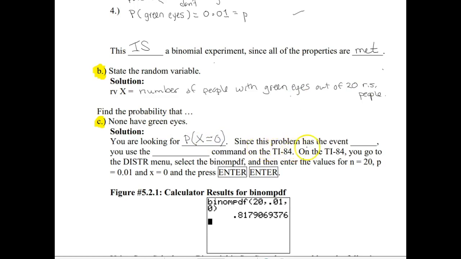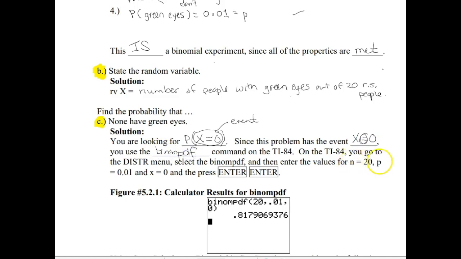So since this probability has the event x equals 0, okay, so remember, what's inside the parentheses here is called an event. So it's going back to some vocabulary from chapter 4. But since it has this equal sign in it, that means that we are going to use the binom PDF command on the TI-84.